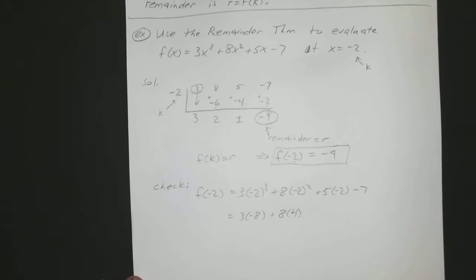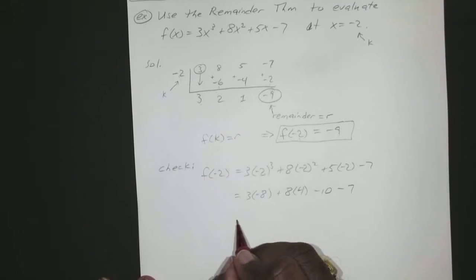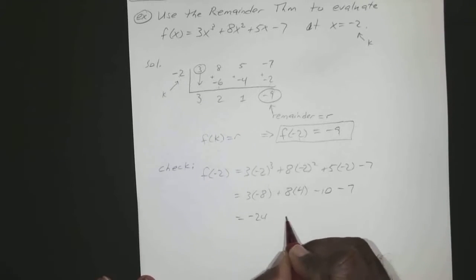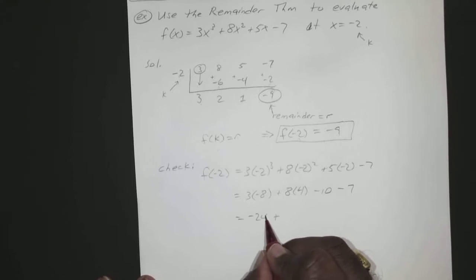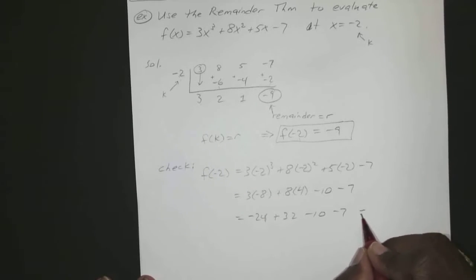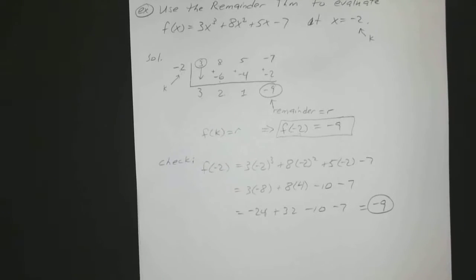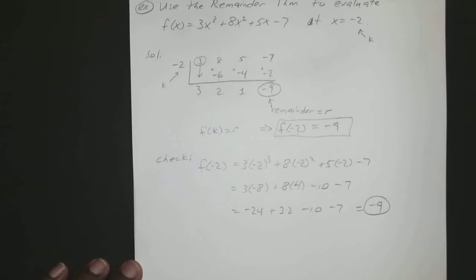We can go ahead and do that one now. Minus 7. So you have -24 plus 32 minus 10 minus 7, which actually gives you -9. So this is just a really fast way to do what we just did there. All right, so any questions on that one?